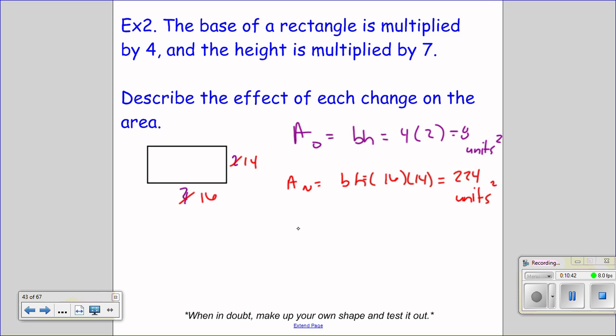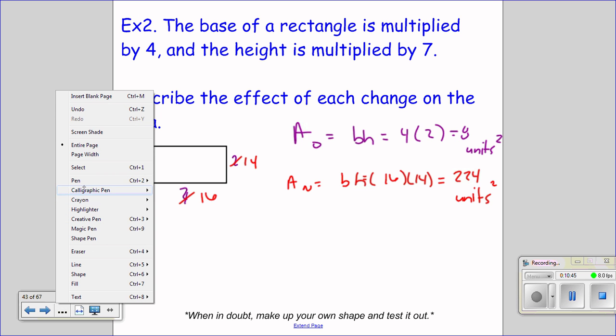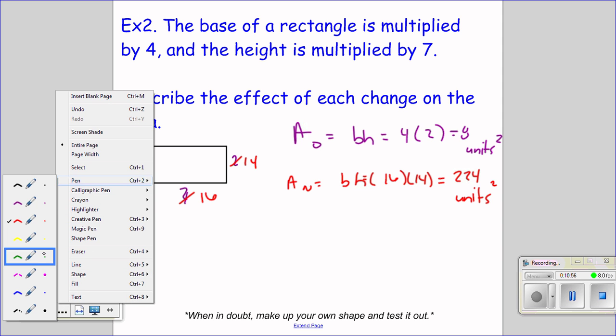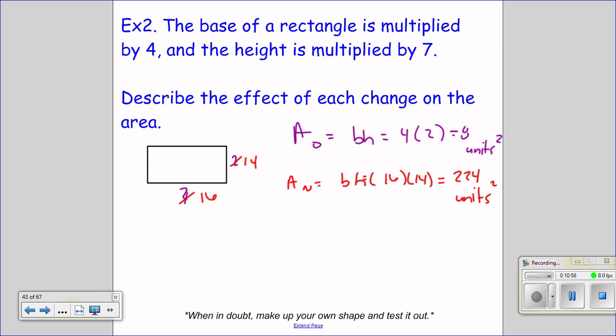So let's see how much of an effect that was by finding our ratio. So our ratio, or our scale factor, was different for each dimension. So the base was multiplied by 4, the height was multiplied by 7. So if I found the ratio of new to old, it's 224 to 8.